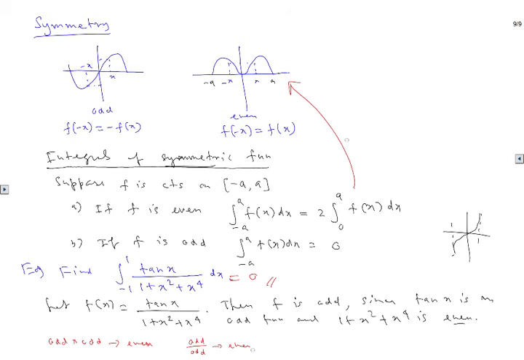But when you have odd and even, it is odd: odd times even is odd, odd divided by even is odd. So when they are different, it is odd. When they are the same, it's even. That's the easy way to remember it.